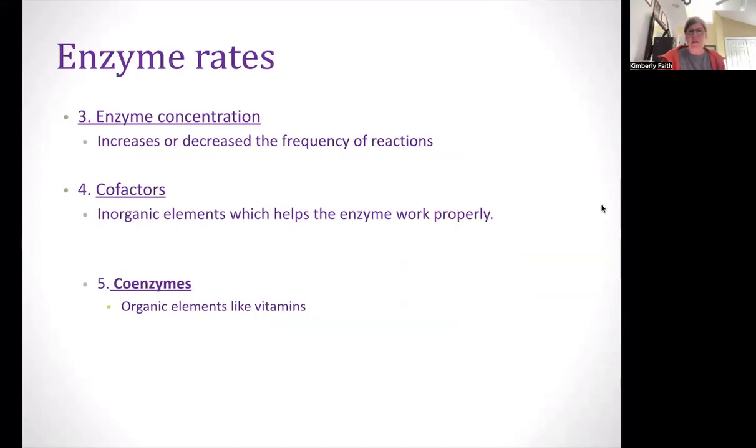All right, those two are specifically required for optimizing certain enzymes. Coenzymes are your vitamins. They're going to be an organic molecule like vitamin C, D, E, K. All right, so all of those things are going to also be needed for some enzymes to work at their highest rate.